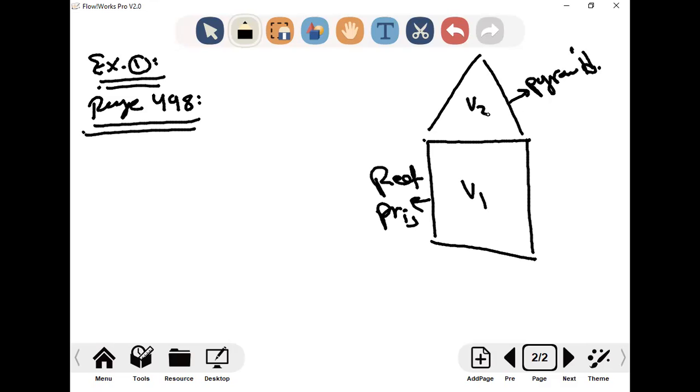So how do we find the volume for this prism? We have a special formula for the rectangular prism.